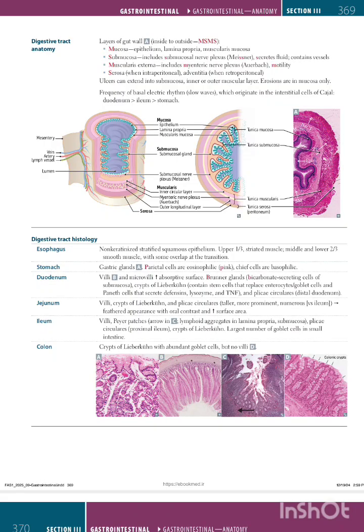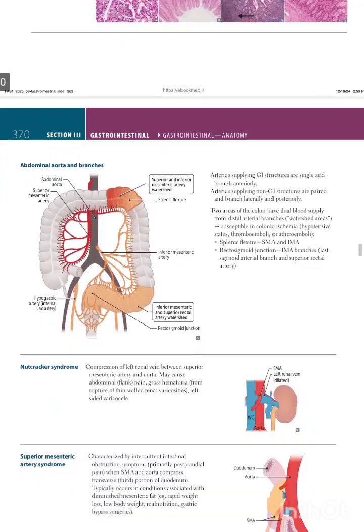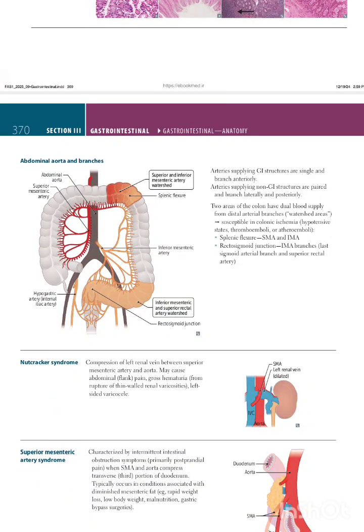The next topic I'm talking about is the abdominal aorta and branches. GI structures are single and branch anteriorly. Arteries of non-GI structures are paired and branch laterally and posteriorly.